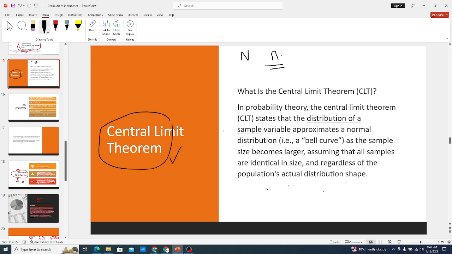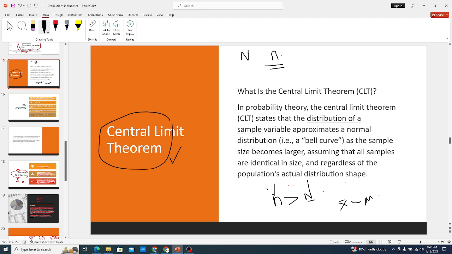Because the theorem holds that as the sample size increases towards the population size, the sample mean will also approach the population mean.